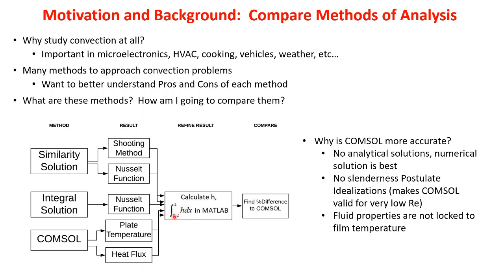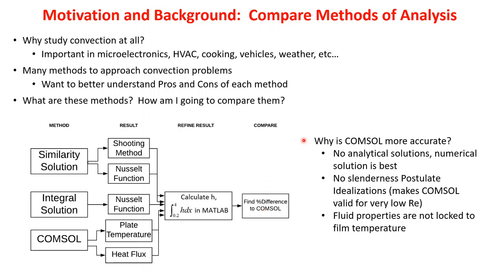And you may be asking why from 0.2 to 4 meters and not 0 to 4 meters. Well, there are some irregularities in the range from 0 to 0.2, especially for the COMSOL calculations. Once I've got this scoring by integrating h, I find the percent difference of those scores versus the COMSOL value. And so naturally the question is, why is COMSOL more accurate?